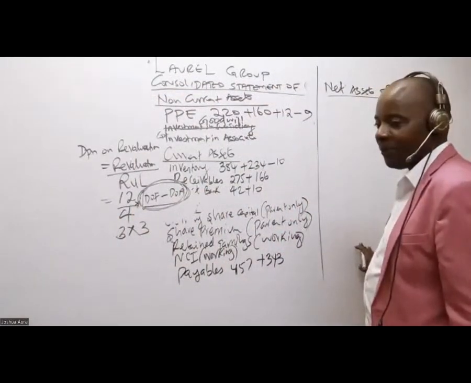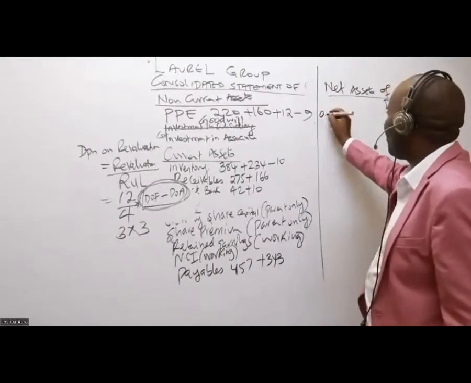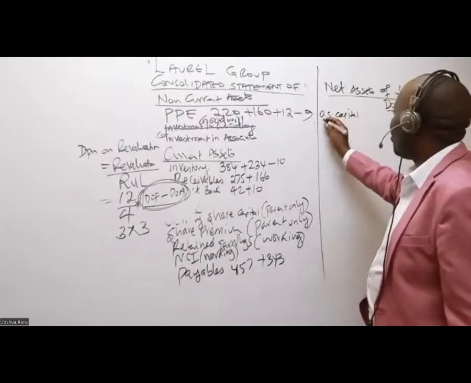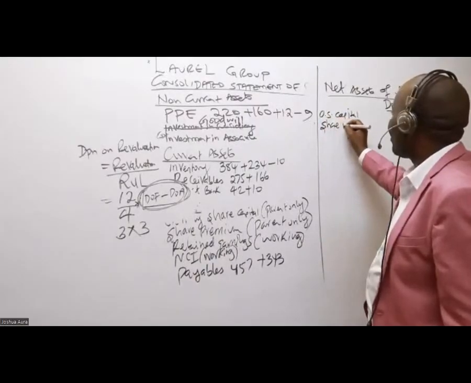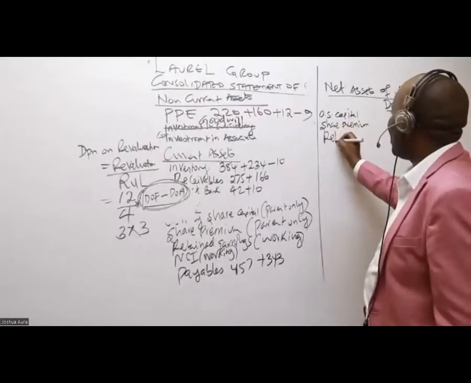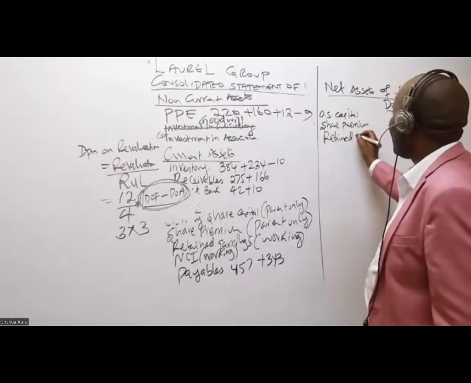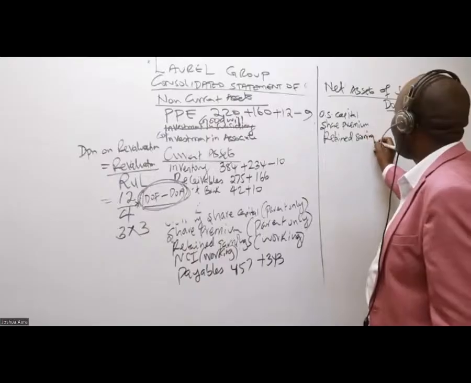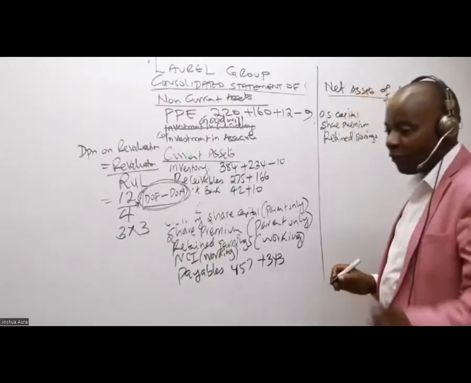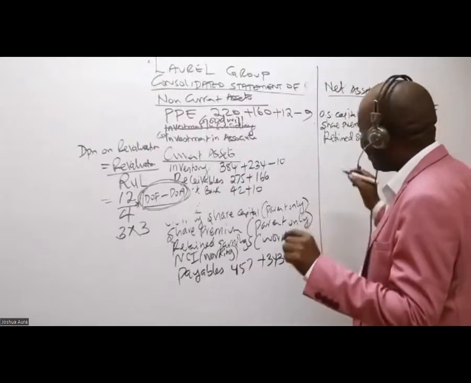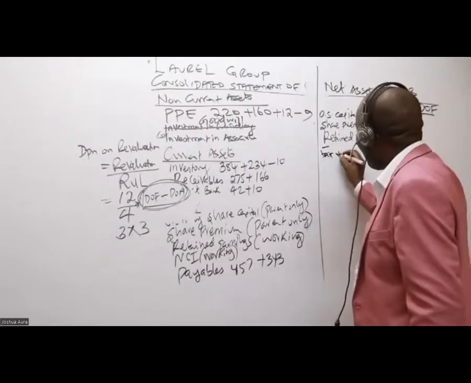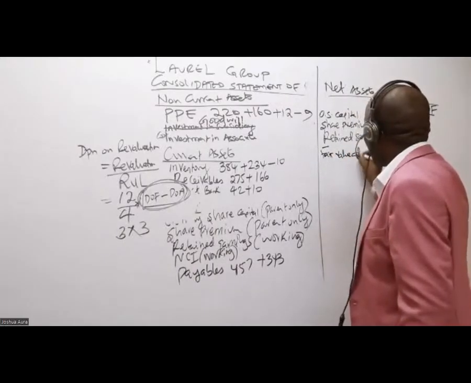This important table. Ordinary share capital. Thank you very much. Ordinary share capital. We have share premium. We have retained earnings. We have revaluation, but we call it fair value. Here, if you want to scare the examiner, you call it fair value adjustment.